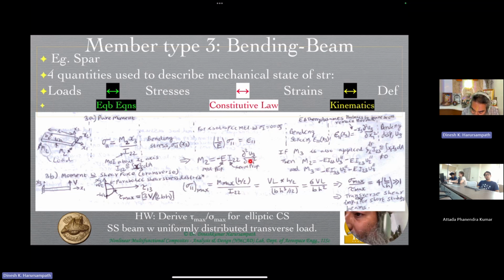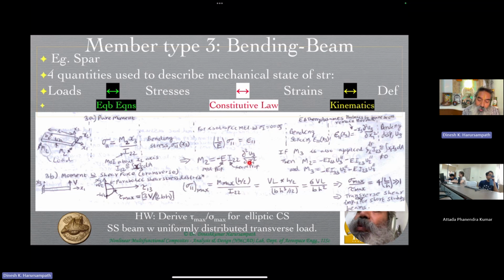Here, it is a second derivative with respect to x1. It is dou squared u3 by dou x1 squared, because u1 was defined as dou u3 by dou x1, which is substituted into dou by dou x1 for the gamma 1, and therefore it becomes a second derivative.